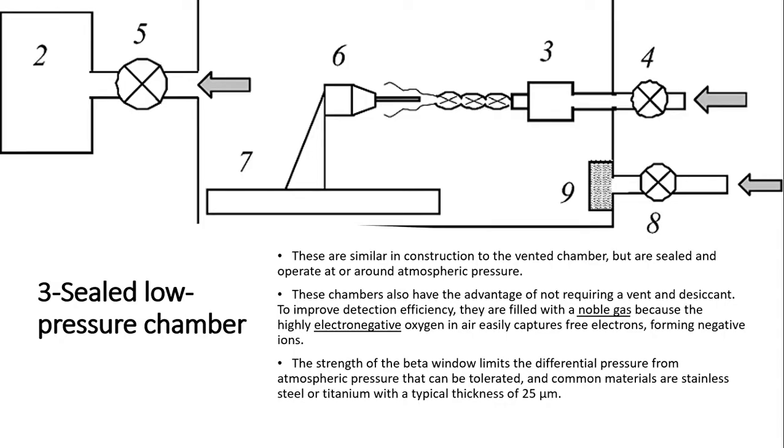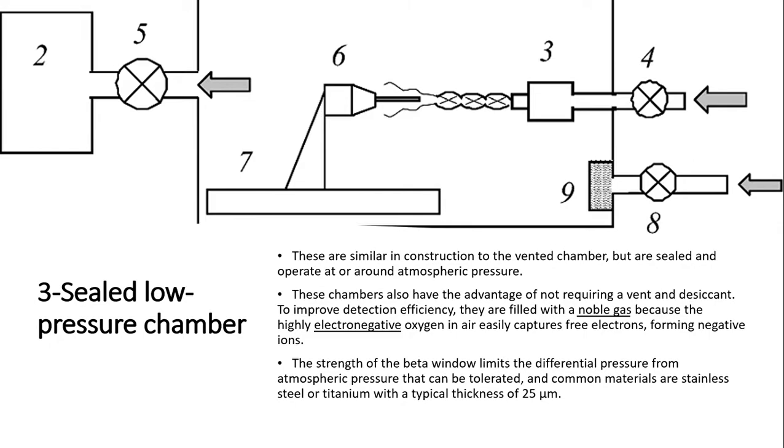Number 3. Sealed low pressure chamber. These are similar in construction to the vented chamber, but are sealed and operate at or around atmospheric pressure. These chambers also have the advantage of not requiring a vent and desiccant.